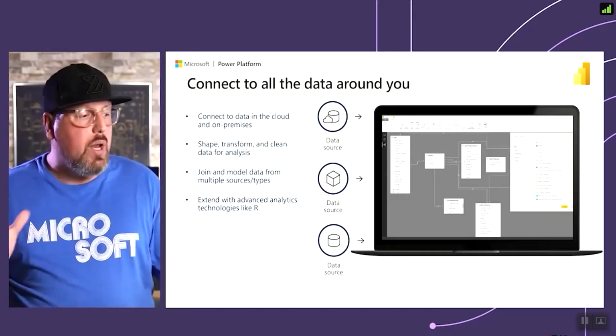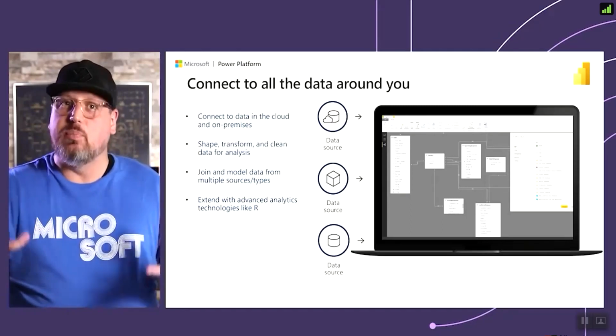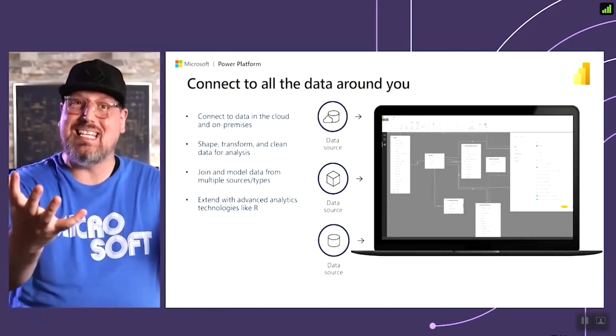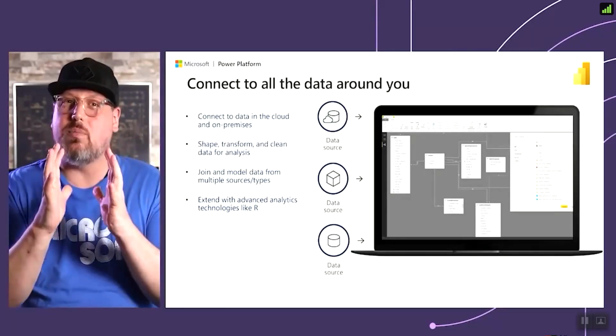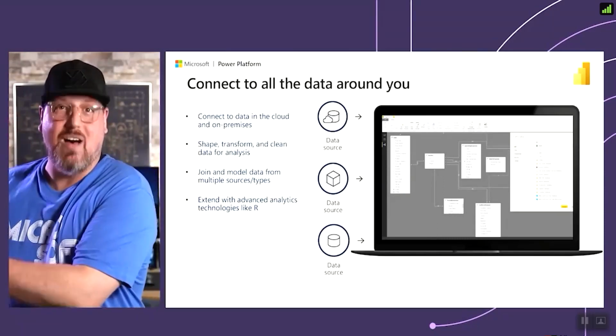And then you can join and model your data from multiple sources or types. So you can have multiple data sources, let's say your asset master data management plus your IoT data and your CRM data. And then you can bring all of that into a single Power BI dashboard to know what's wrong with a certain client device.